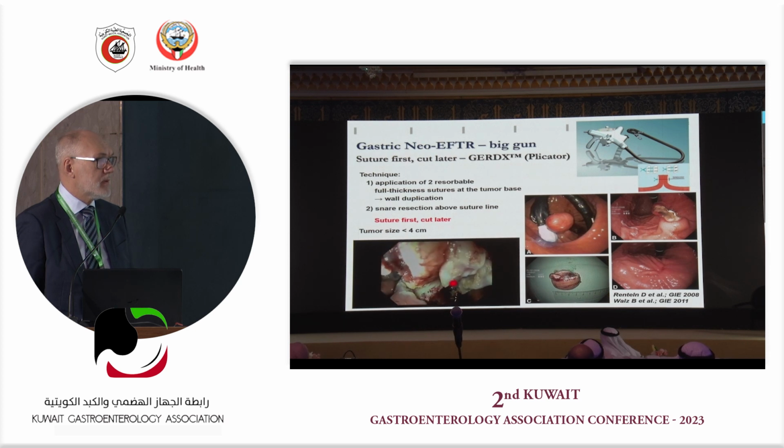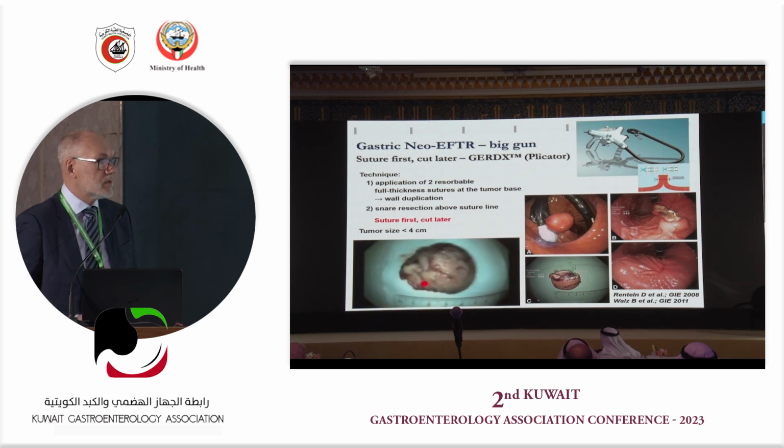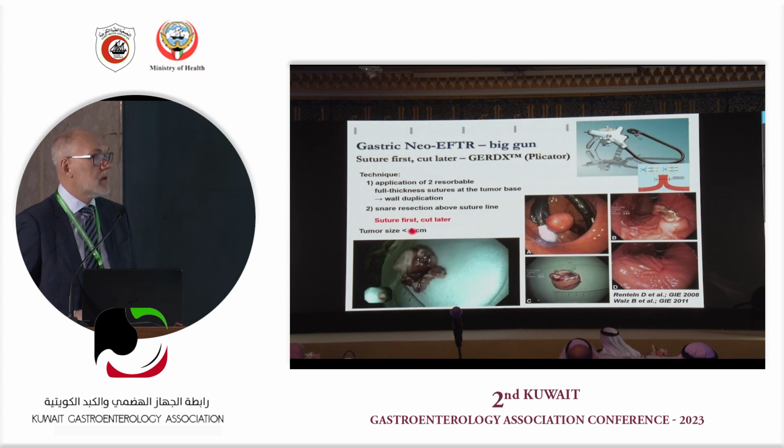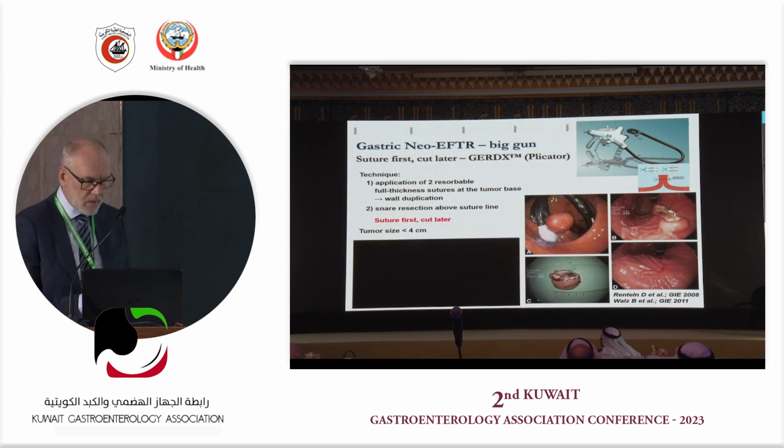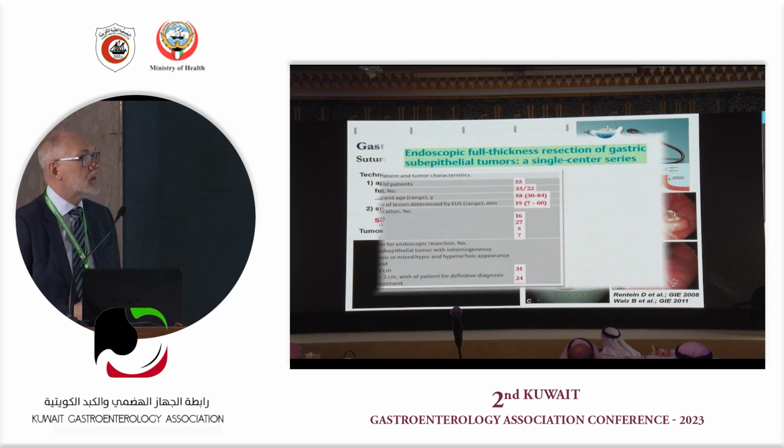And if you have the feeling that this is not completely closed, then you just put another suture over it, and then you're done. The sutures will fall out after 4 to 6 weeks. This is the resection specimen. It was R0 resected, a GIST. The patient was spared surgery and was happy with it.